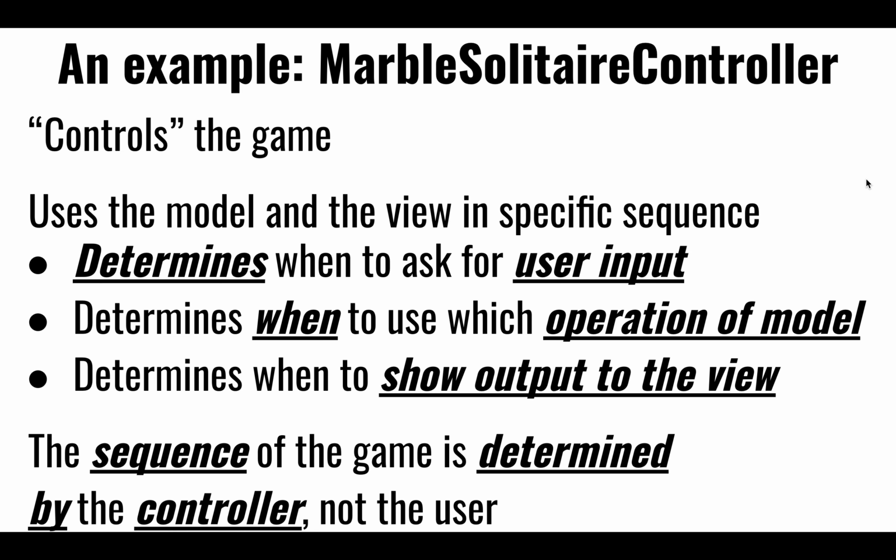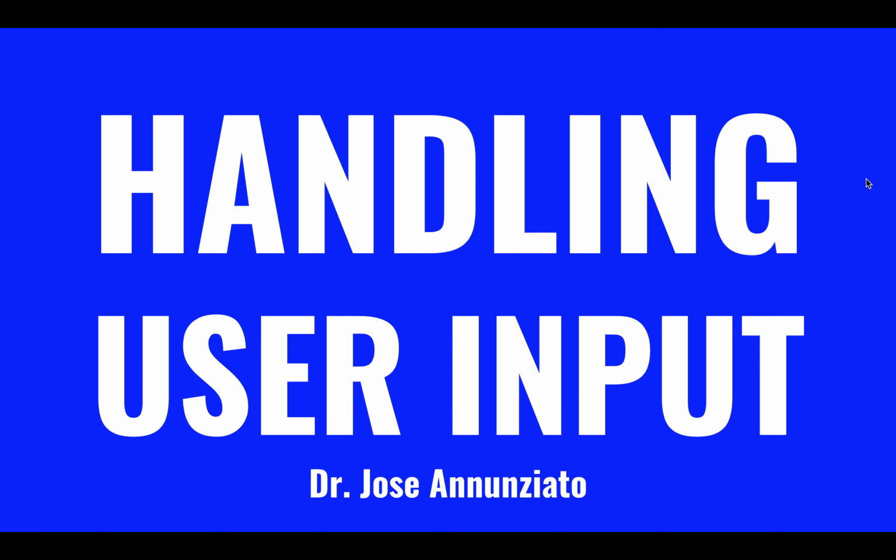So we'll talk about the two types of controllers, but for your assignment it'll be mostly a synchronous controller. The controller decides what happens next, not the user. The controller says, well, now your turn, and then it's my turn. All right, so let's talk about handling input.